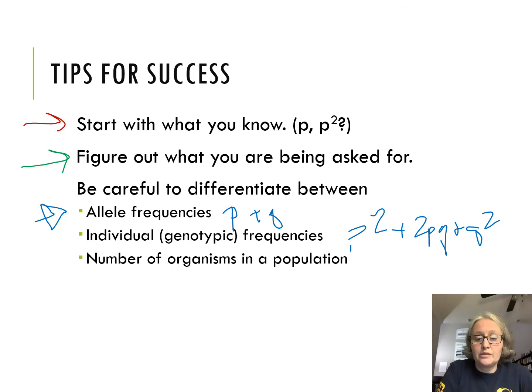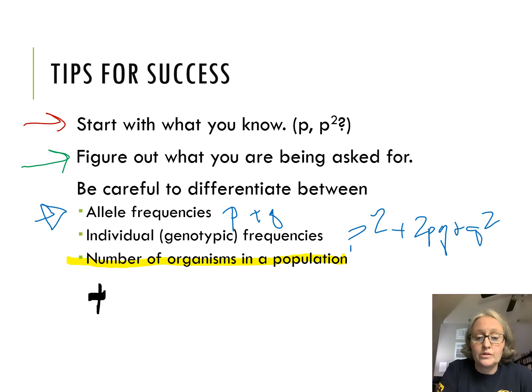Let's talk about this bottom one for a little bit, the number of organisms in a population. If we're asked to calculate the number of organisms in a population, for instance, maybe there's 700 individuals in the population and you're asked to figure out how many are homozygous dominant, you are going to need to do the following.